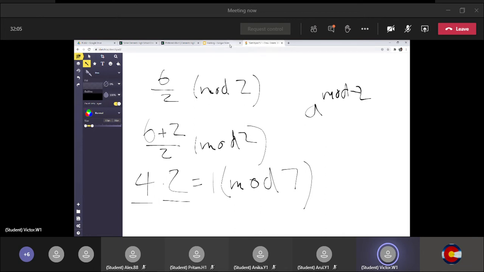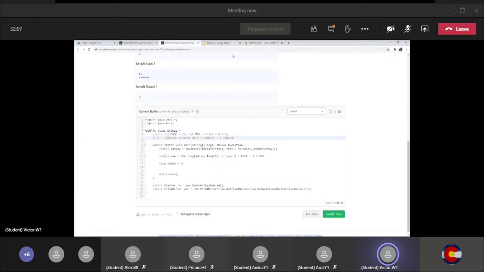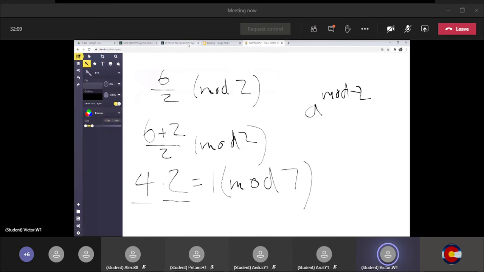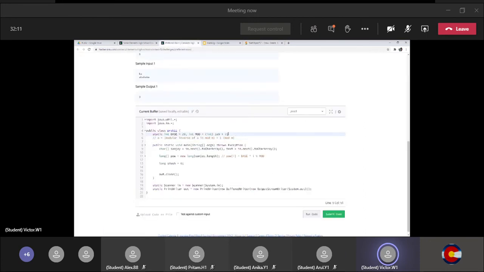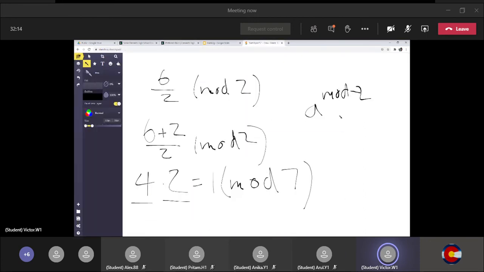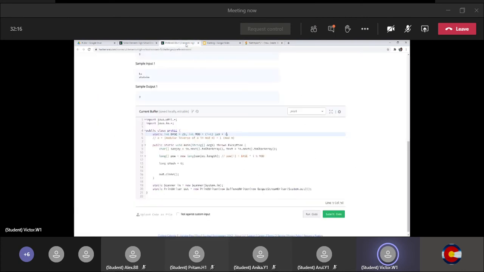To compute this modular inverse, a to the mod minus 2, we're going to have to use fast exponentiation, because the mod is going to be quite big, like 10 to the 9 plus 7. So let's define a variable here called mod inv.